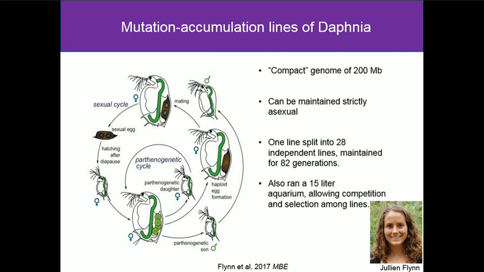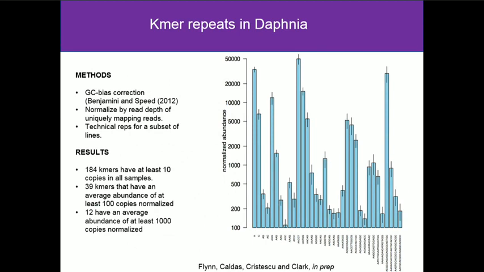The idea of mutation accumulation lines is there's such a small population size, you're fixing any mutation that occurs each generation, and so you don't have any drift. It's just simply mutations accumulating. Whereas in the aquarium, you can have both drift and selection occurring. If one or another mutation is advantageous or deleterious, you can see the consequences of that by changes in frequency in that aquarium. So we'll get back to that.